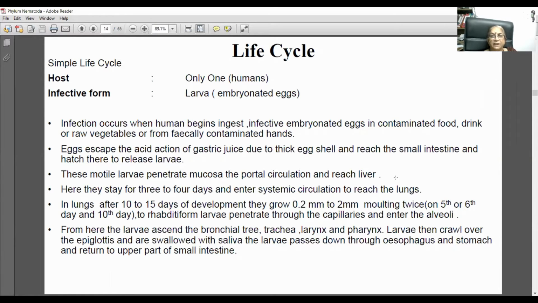Many times it is advisable to use salt for washing these fruits and vegetables, because if you put a little bit of salt, whatever eggs are there will float and move out of the fruits and vegetables.